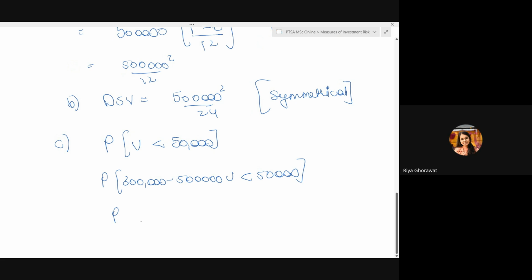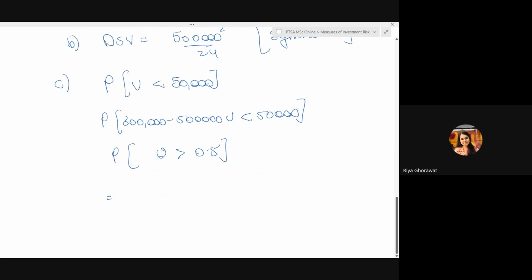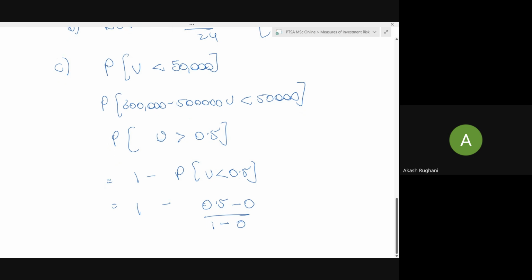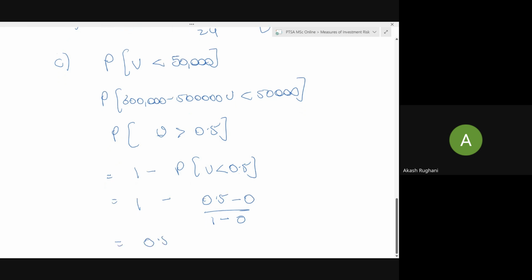So it will be u greater than 0.5. Very good. So it will be 1 minus probability u less than 0.5, which is x minus a by b minus a. So x for us is 0.5, a is 0, b minus a is 1. So the probability is 0.5.